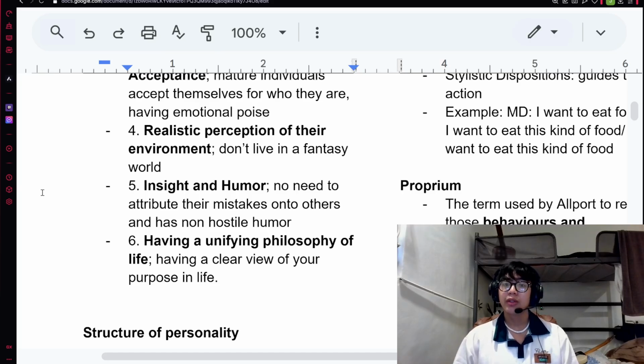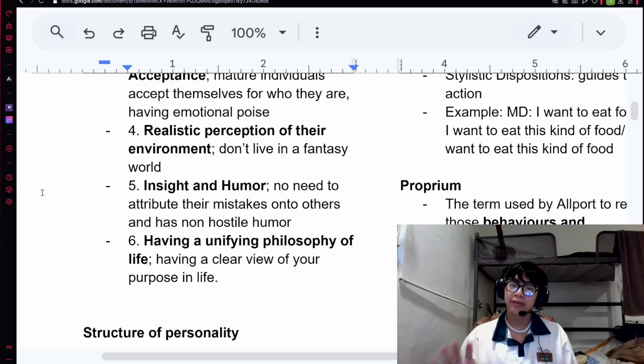So they have no need to attribute their mistakes onto others, and have a non-hostile type of humor. So insight and humor basically just means that they don't use the flaws of other people as a way to make people laugh. And their humor is not hostile.